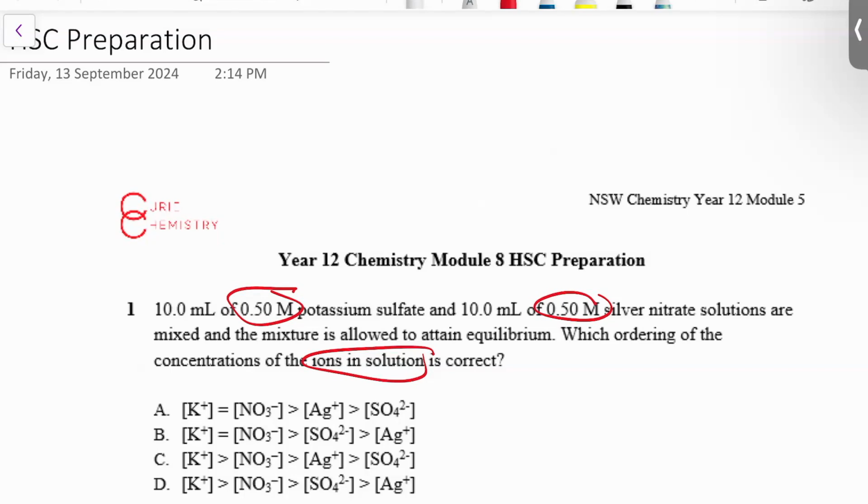Yeah, double displacement, but I'm going to need something a bit more specific. You have the benefit of this revision being labeled Module 8. What reaction did you learn in Module 8 if you were mixing ionic compounds together? Precipitation.